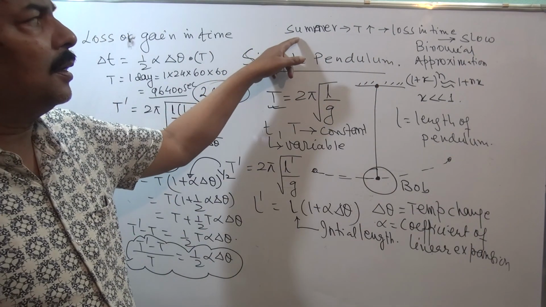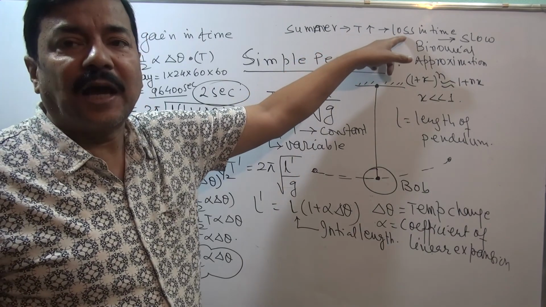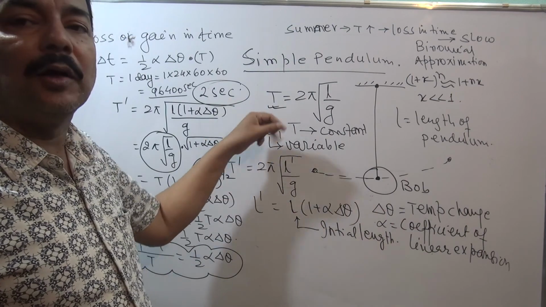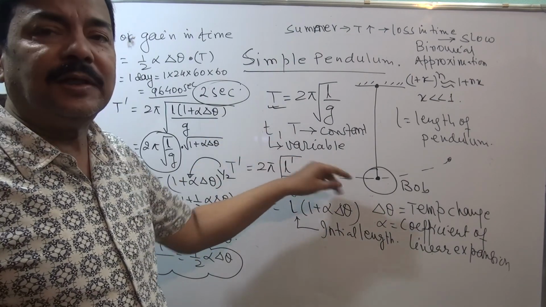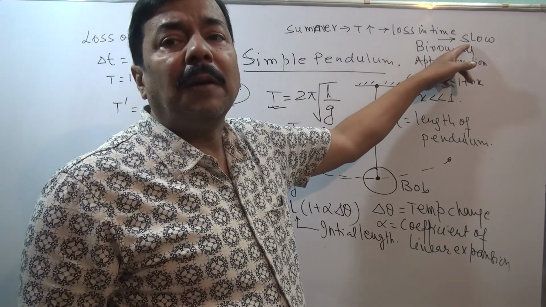So in summer, the time period increases. Time period increases means loss in time. It should take 2 seconds, but it will take, suppose for example, 2.2 seconds. So there is loss in time, and when there is loss in time, then the clock will become slow.